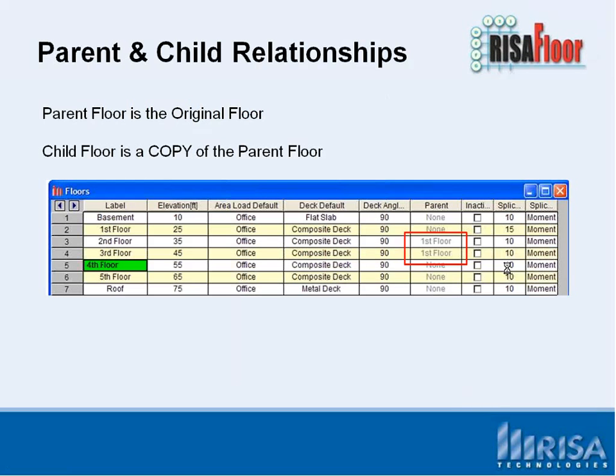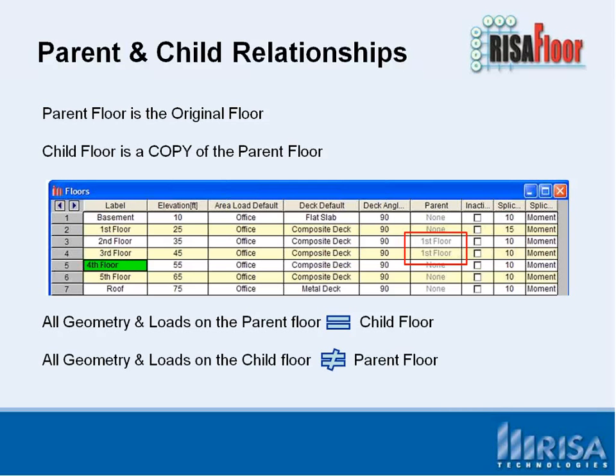And you can see here on the floor spreadsheet what it does. It just says here parent is the first floor, and kind of in gray here. We can't really affect that, but it will let you see which is the actual parent of that. And what a parent does means that all the geometry and all the loads that happen on the parent floor will be populated and switched over to the child floor. That means any changes you do on that parent floor are going to affect that child floor.